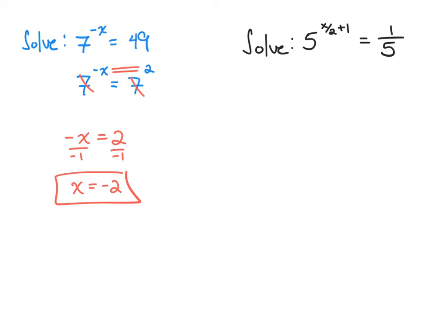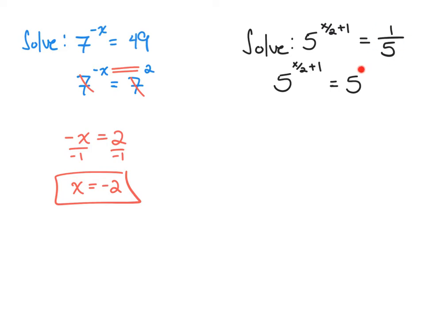All right, let me start writing. The left-hand side here is pretty simple. This is still going to stay 5 to the x over 2 plus 1 power equals 5 to some power. Yeah, that'll look better than trying to have more fractions. We already have one in this exponent. We can at least get rid of this one.